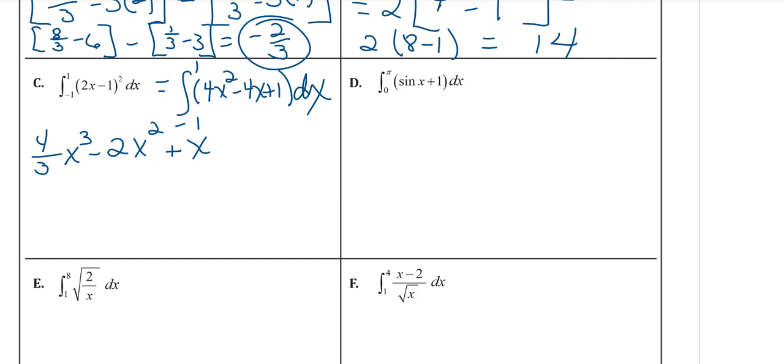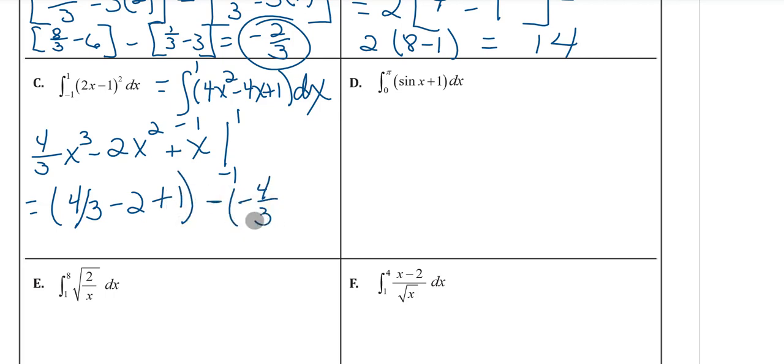And I'm going to evaluate this from -1 to 1. Okay, so doing that, putting 1 in there, I get 4/3 minus 2 plus 1. And then from that, I'm going to subtract -4/3 minus 2 minus 1.